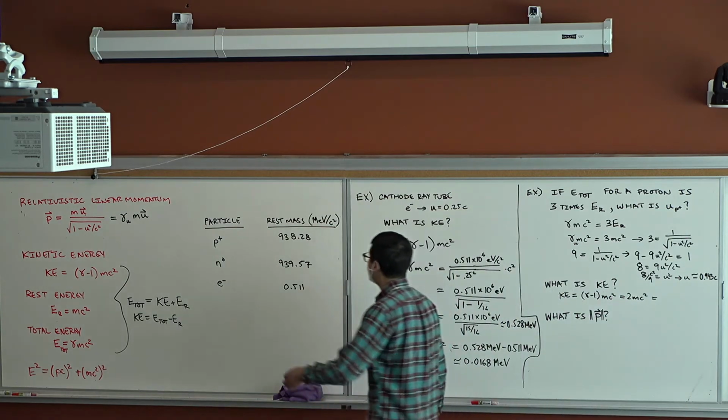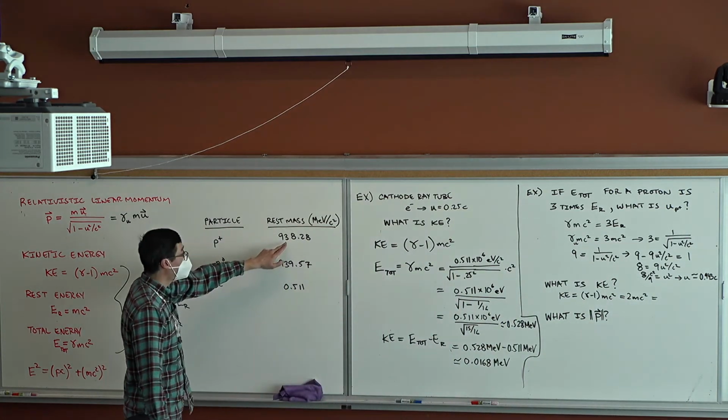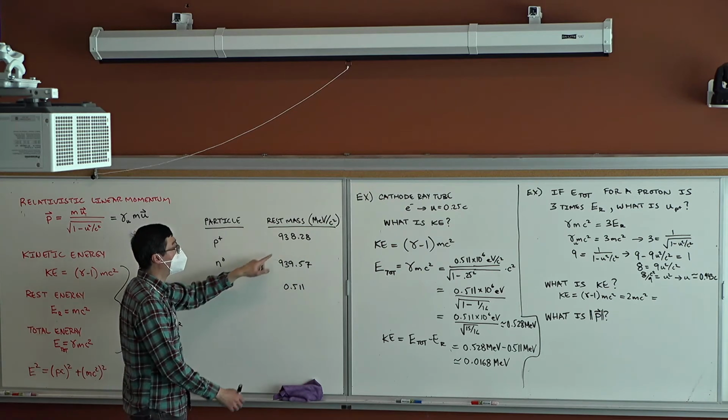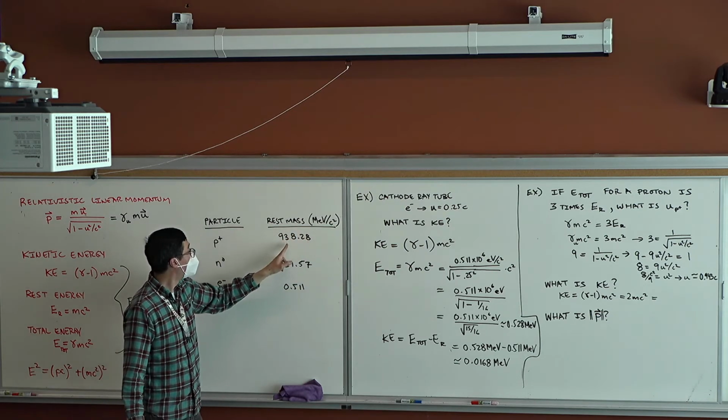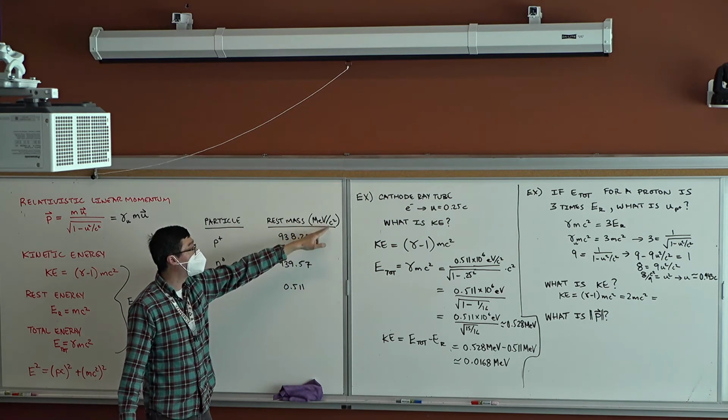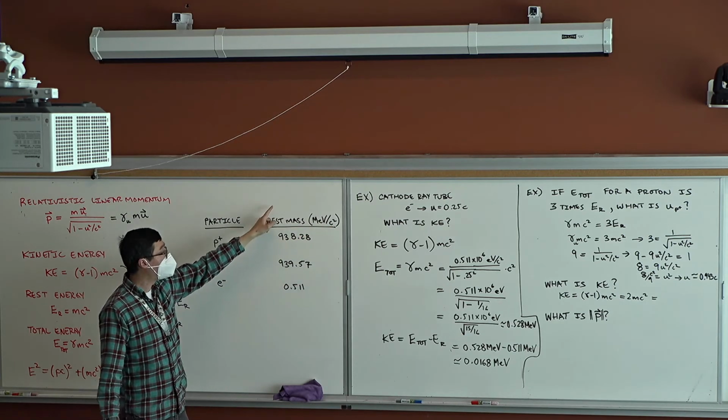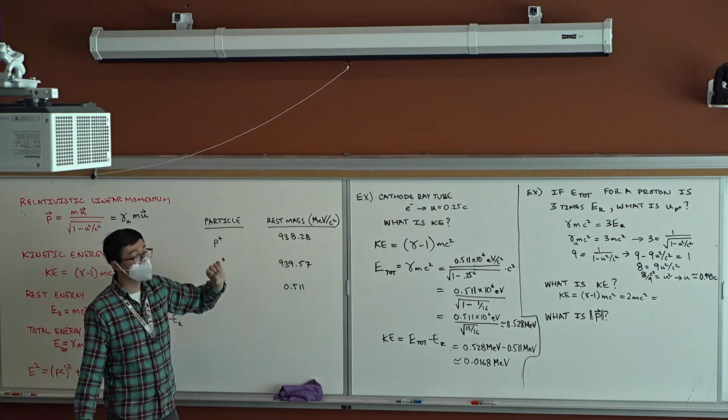Since if this is m, and it's 938.28 MeV per c squared, if I take m times c squared, what do I get?